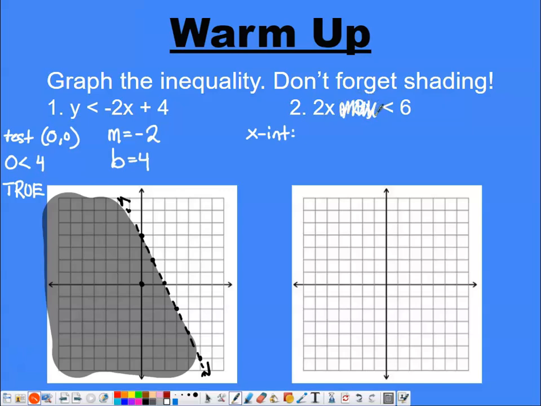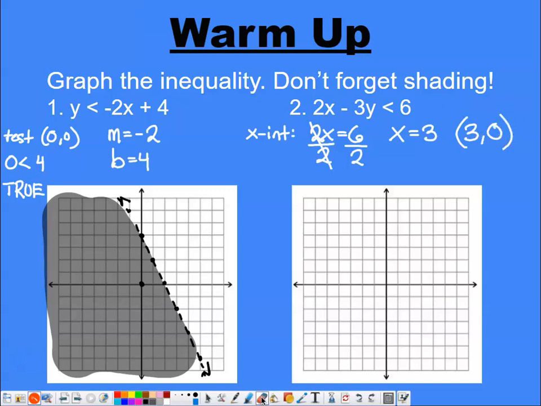And I'm left with 2x is equal to 6. So you have 2x equals 6. Okay, just go ahead and solve. So we have x is equal to 3. And as an x-intercept, that is 3, 0.